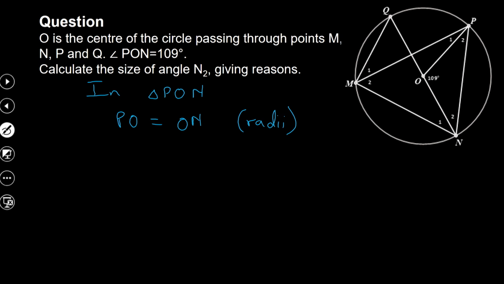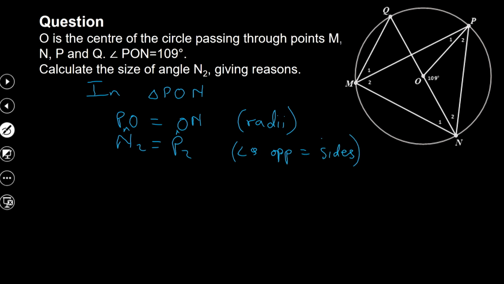And then I know that it means that angle N2 is equals to angle P2. And my reason, you know, in an isosceles triangle, the base angles are equal, right? But that's not what we say. So I will say angles opposite equal sides.